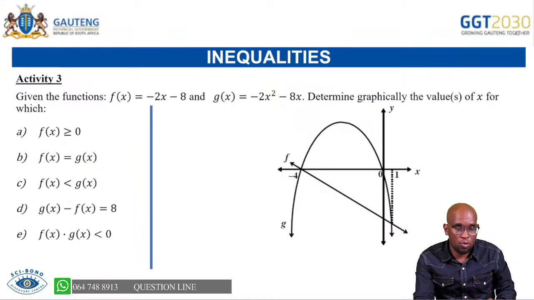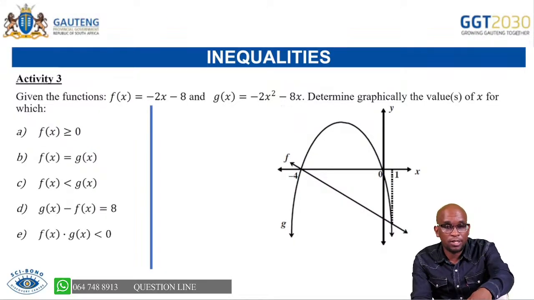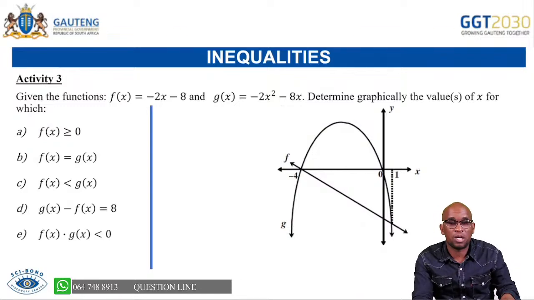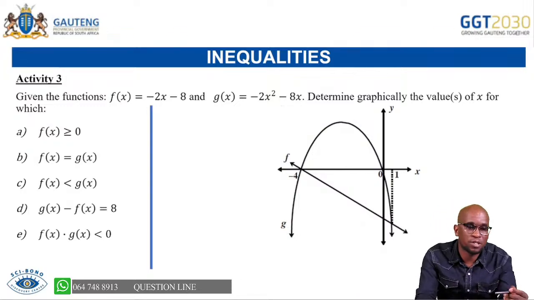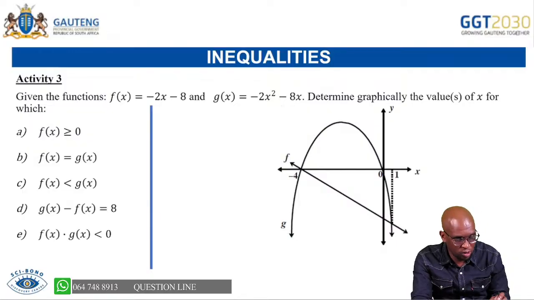Right, welcome back once more. Let's look at how you were supposed to actually solve this particular question here. Inequalities, when the functions f of x is negative 2x minus 8 and g of x is negative 2x squared minus 8, given those functions, determine graphically the values of x for which f of x is greater than or equal to 0.